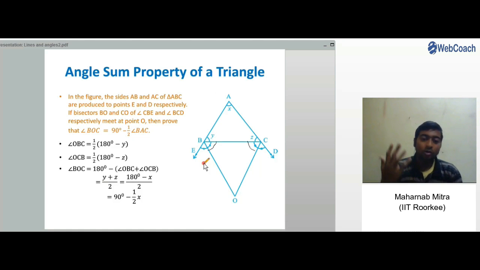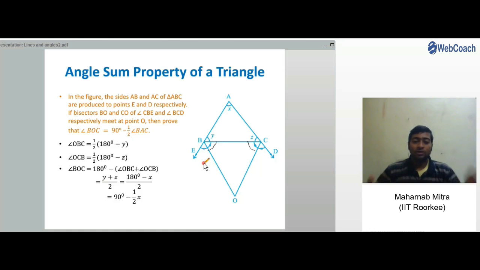So we did 180 degree minus y to get the value of the full angle, and then as it has been bisected, we make it half to get the value of the angle we need to find. And similarly we do the same thing at angle C. We do 180 degree minus z and make it half to get the value of the bisected angle.